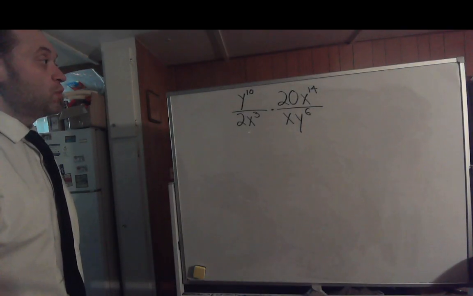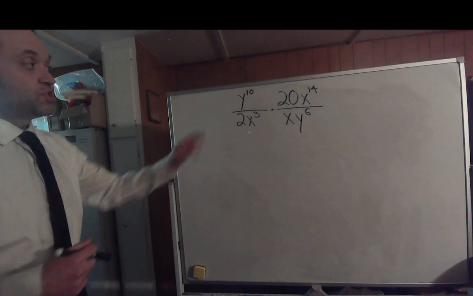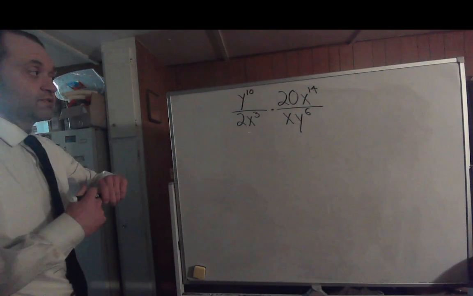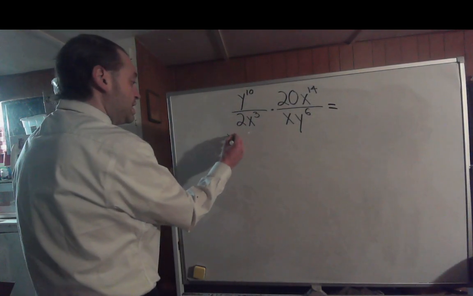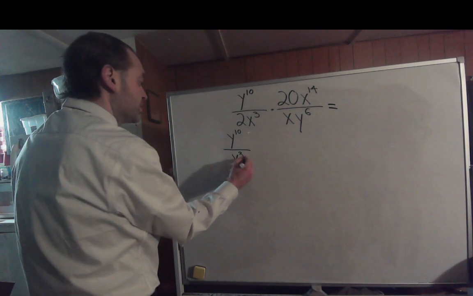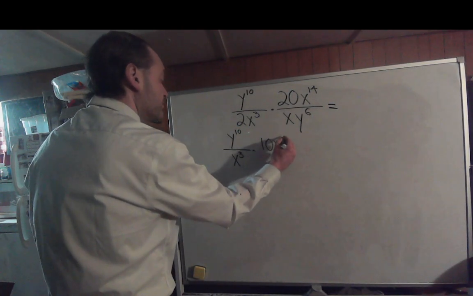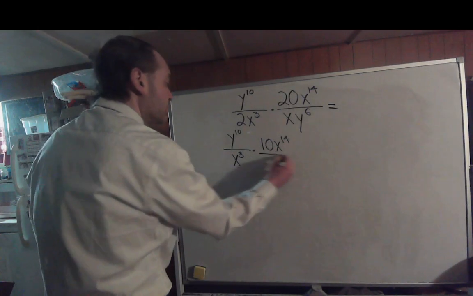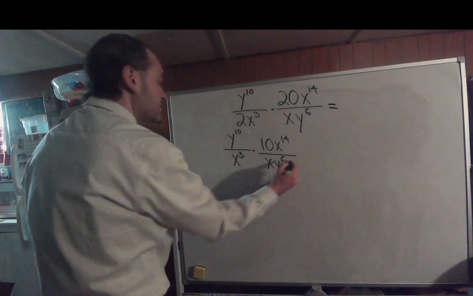So, what I would suggest, look for any numbers that would cancel. Between 2 and 20, 2 factors out. So this can be rewritten as y to the 10th over x to the 3rd times 10x to the 14th over x y to the 6th.